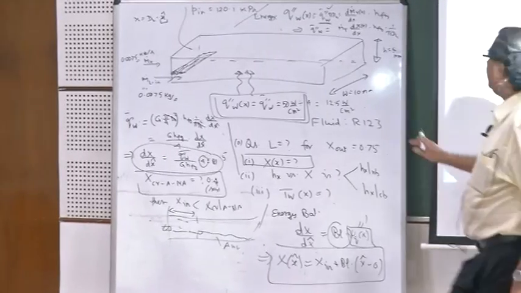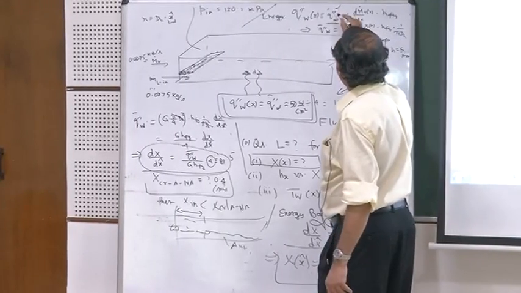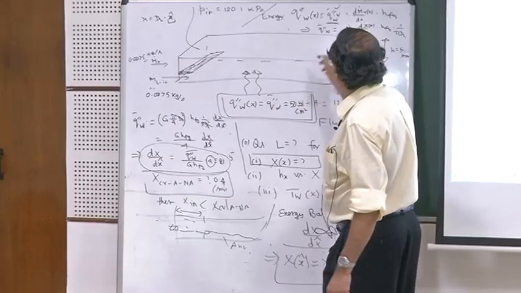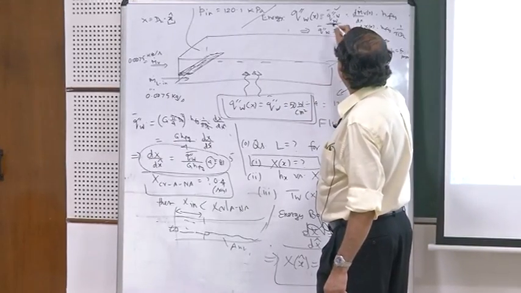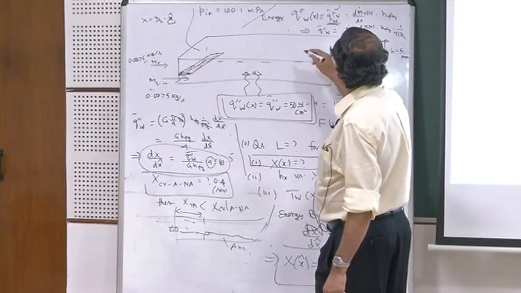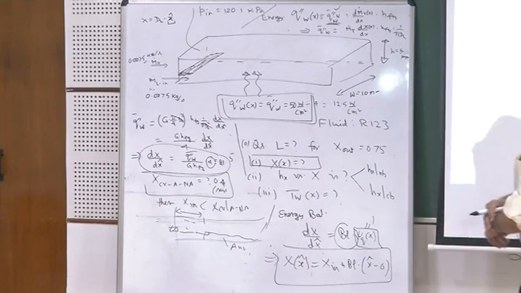The amount of heat that's coming in is simply Q double prime width times the heat that comes in. There is a factor 4 that I'm trying to correct here.